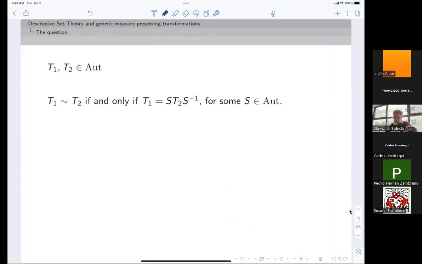So I will ask a concrete question. I want to motivate this question from a general point of view, and then give several results that have been proved in the literature that indicate that what the question is asking about is reasonable. So first, a general motivation for the question. I indicated already that this is an important equivalence relation on Aut. This is something ergodic. If you could classify this equivalence relation, that would be absolutely amazing.